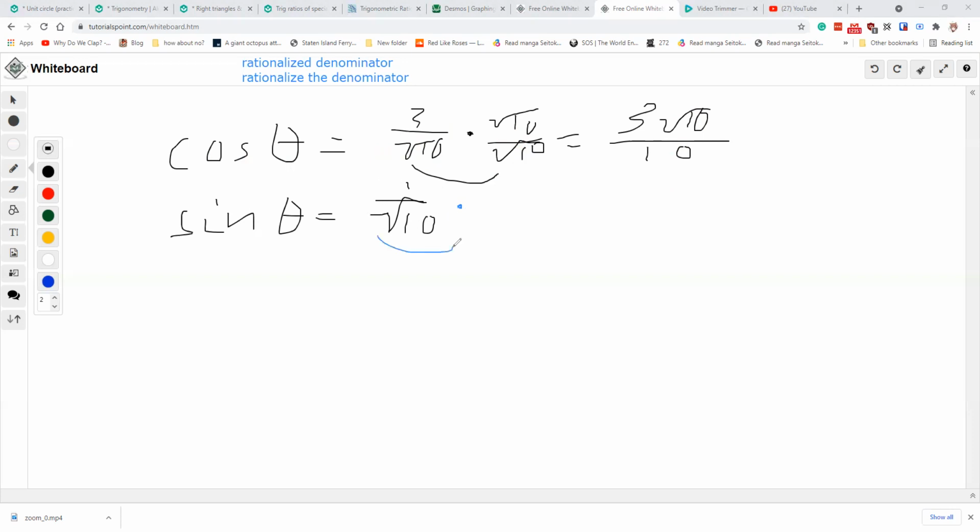We want a normal number in the denominator, so we multiply by root 10, because root 10 times root 10 is equal to 10. Because we don't want to change the value, we multiply by root 10 over root 10, which is again just a strange form of 1. So this becomes root 10 over 10 is equal to sine theta.